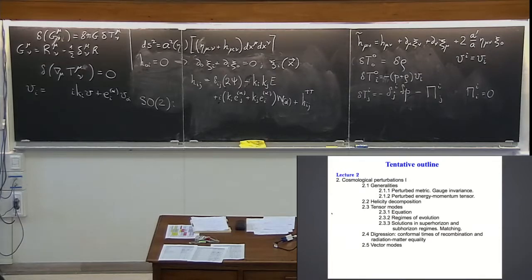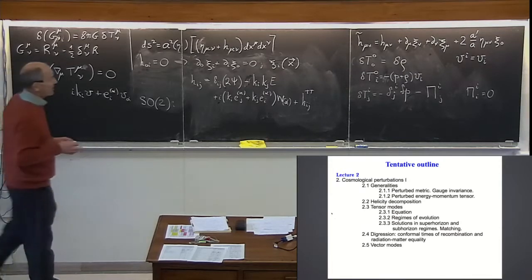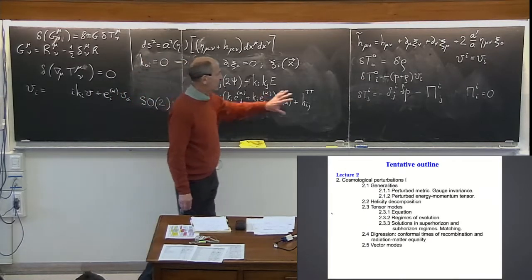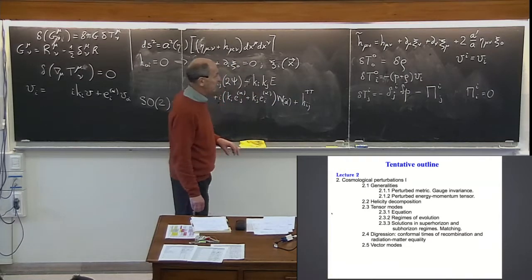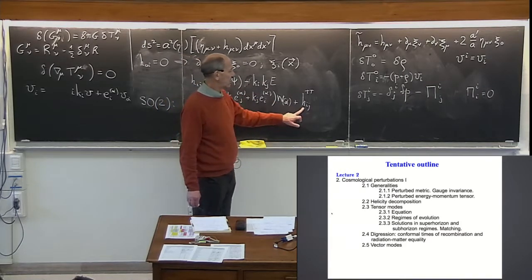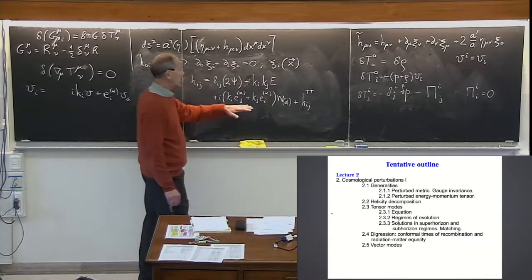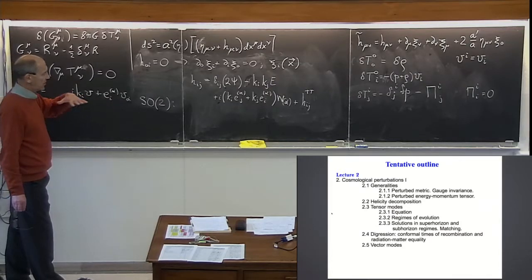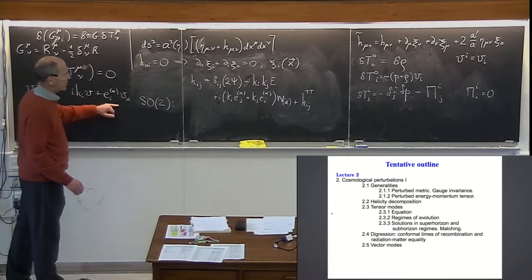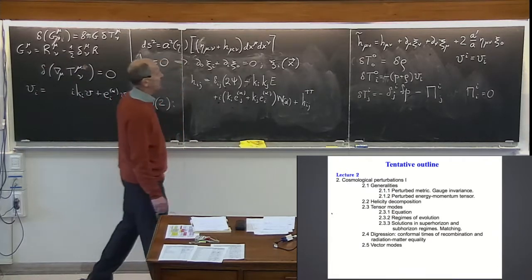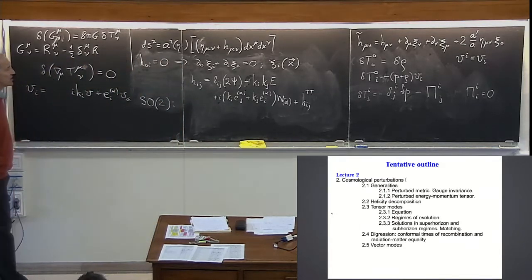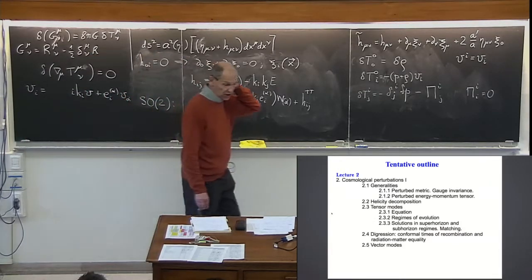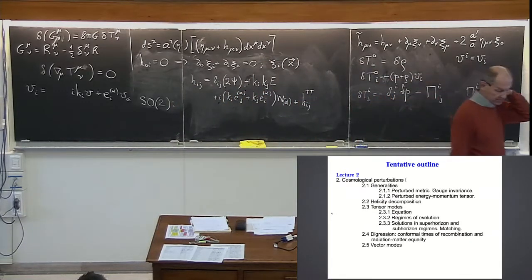Okay, and correspondingly, all perturbations you decompose into tensor perturbations, right? Which are helicity 2, vector perturbations which contain vectors in the plane perpendicular to the momentum, and scalar perturbations which correspond to helicity 0 components of your perturbations.